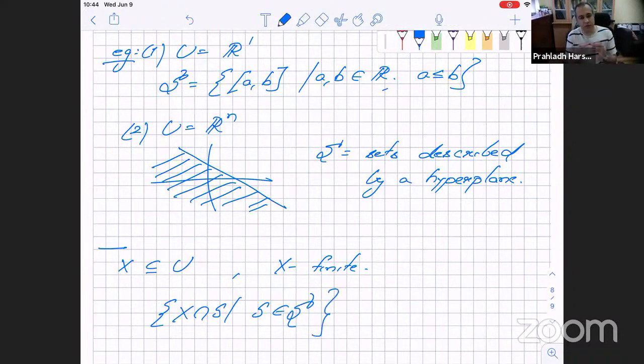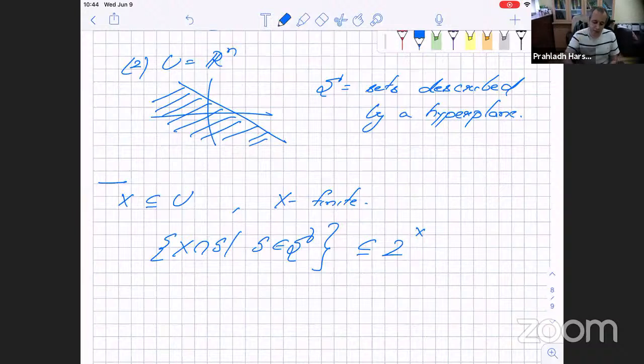So just look at the set of all subsets of X that you get when you intersect X with the members of your set system. Notice that this certainly is a subset of 2 to the power X, the power set of X. You can only get subsets of X. You can't get anything more than that in this process.